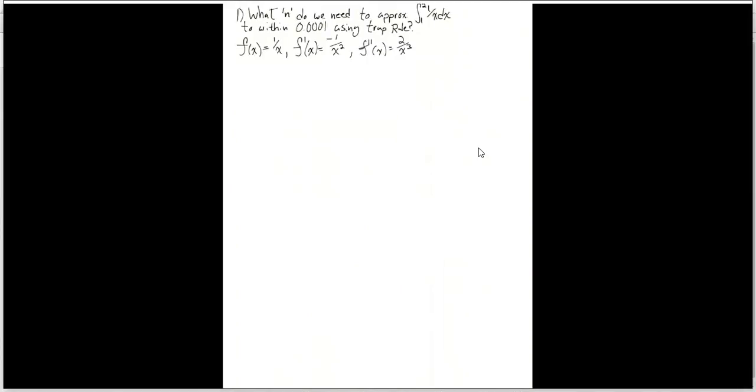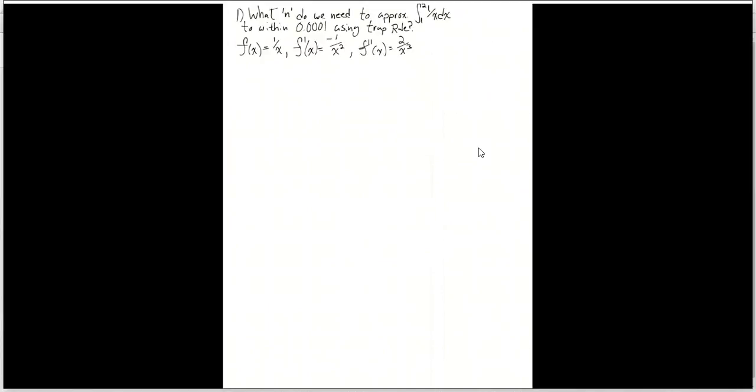Now our interval is a to b, which in this case is 1 to 2. If we look at this function, 2 over x cubed, the bigger x gets, the smaller this whole thing gets. So we're looking for the smallest x value that we can have, as long as it's positive.